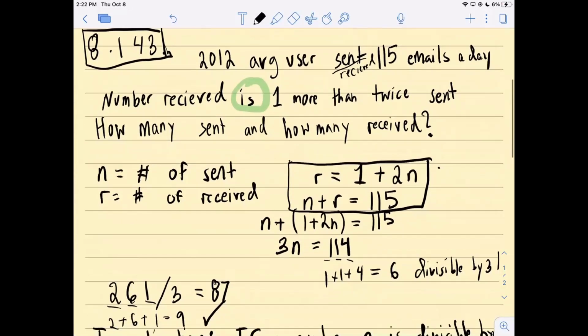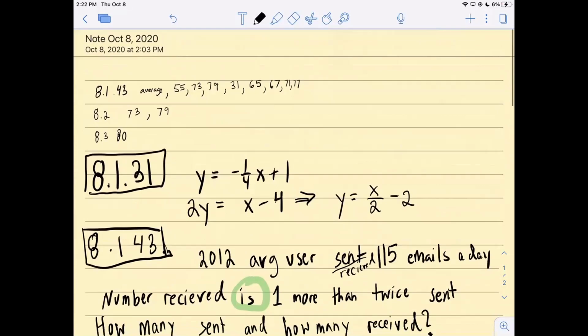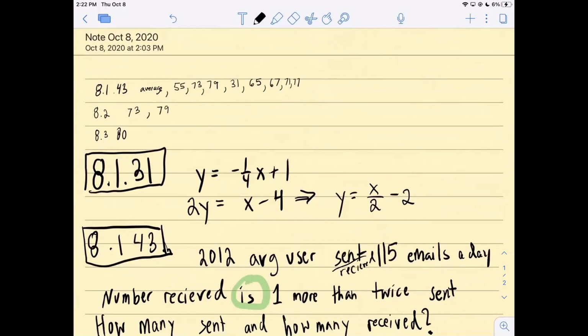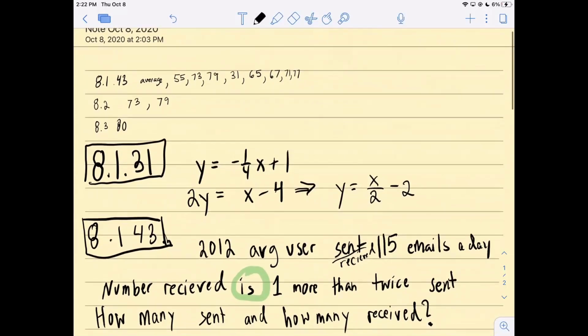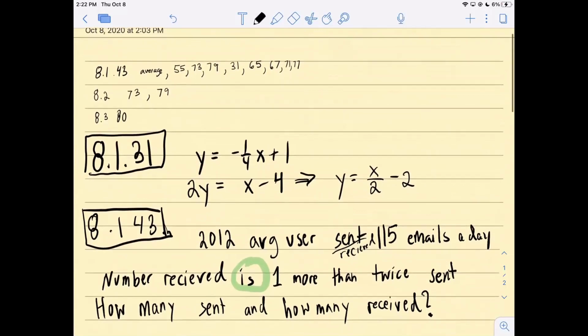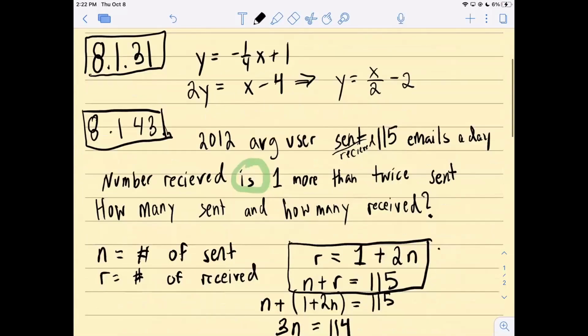Okay. Let's go to 8.143, 8.155. Oh, I like this one.